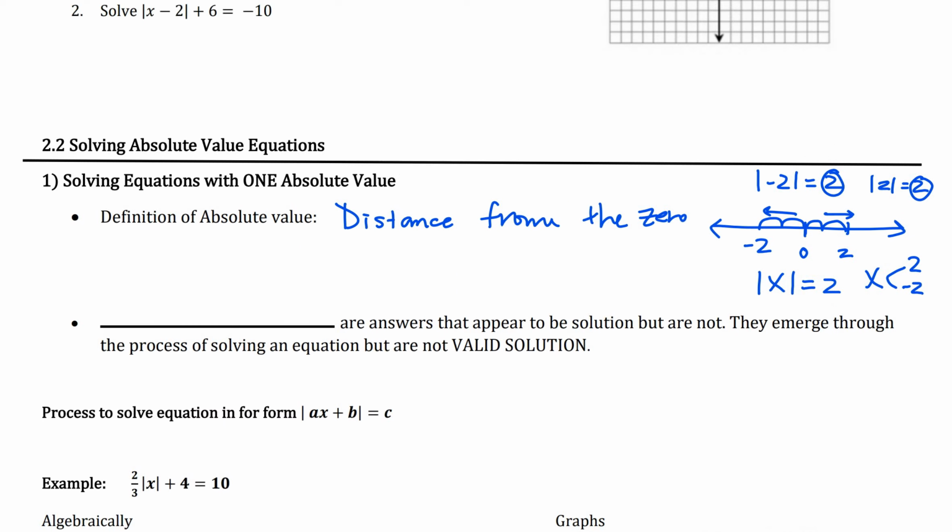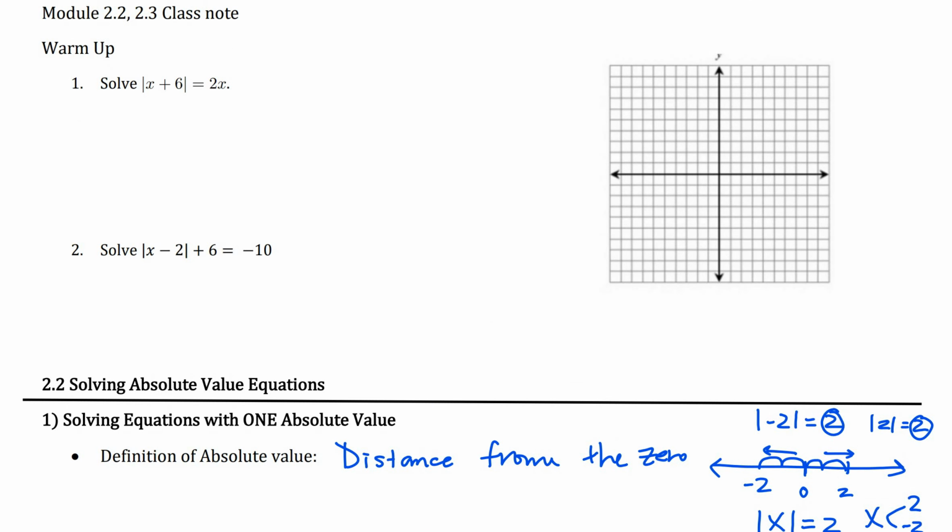Alright, since we know what absolute value is, now we are going to solve this one. Inside the absolute value there are 2 choices. One is x plus 6 equals 2x. Or we have x plus 6 equals negative 2x.